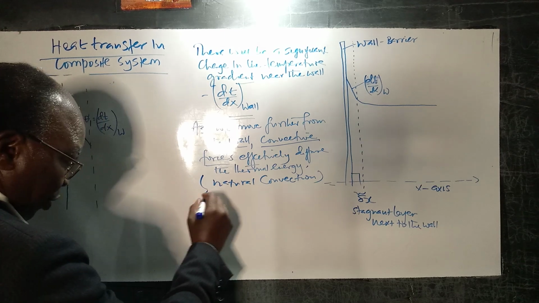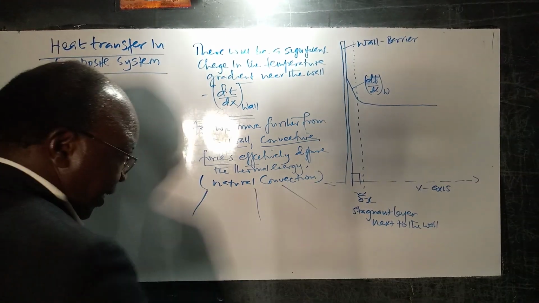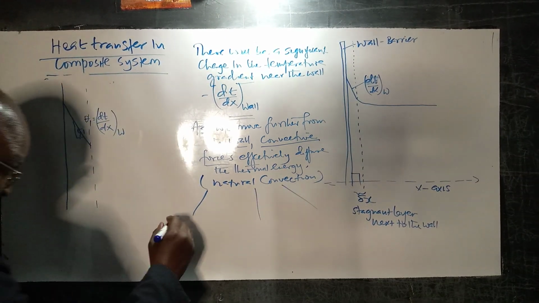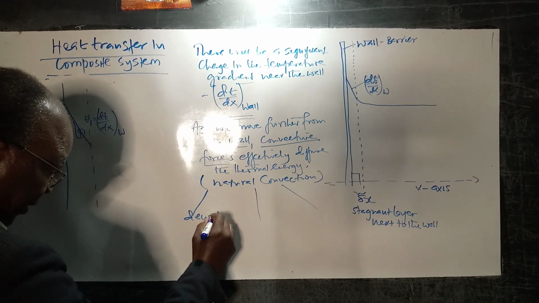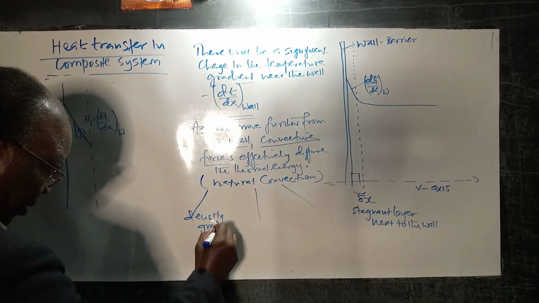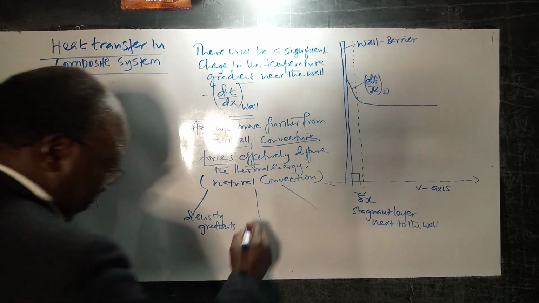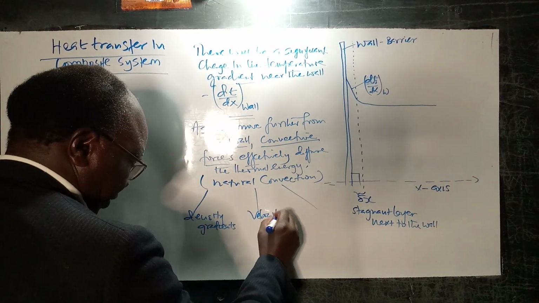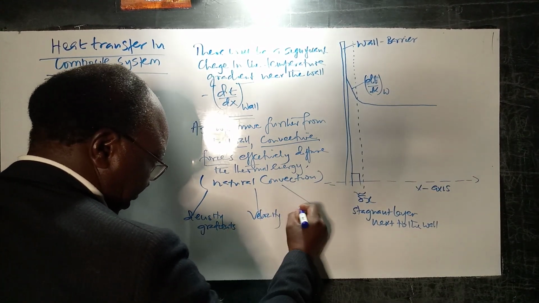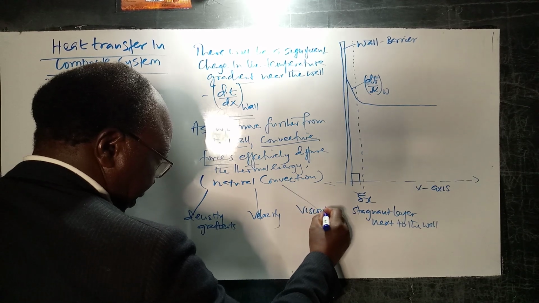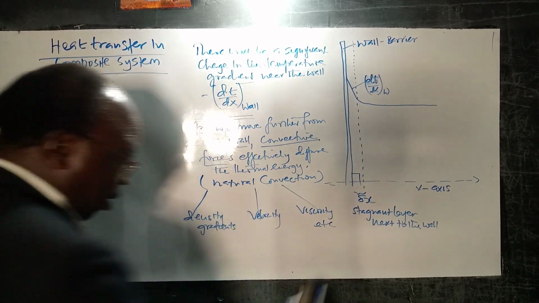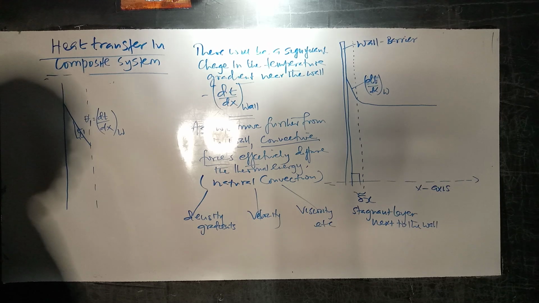And in natural convection, several factors can play a key role. Density gradients play an important role. Fluid velocity plays an important role. Viscosity, etc., all play a key role in that area.